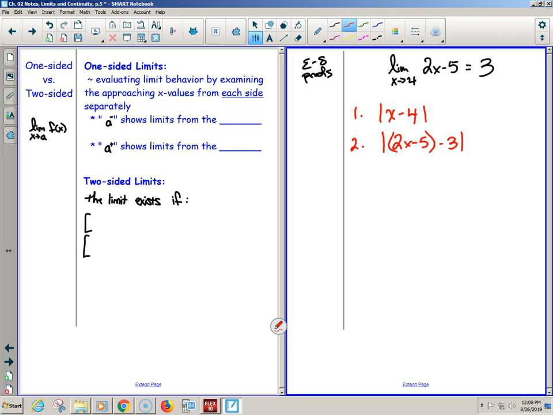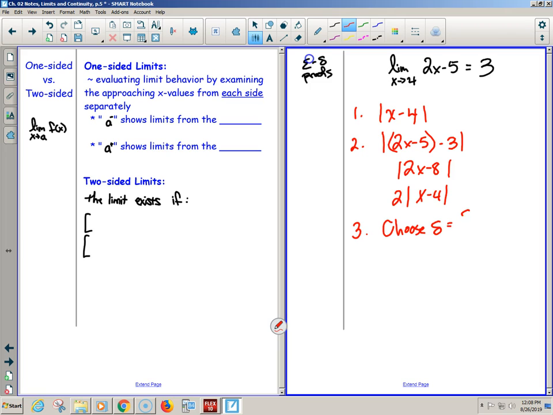Which is 2x minus 5 is f of x, and then minus L is the limit, right? 3? Yeah. Okay, good. So then we simplify that, and we end up with? Factor out the 2? And I can pull the 2 out of the absolute value mathematically, right? Yeah. Okay. Step 3. 2 delta equals epsilon over c, and c is 2.